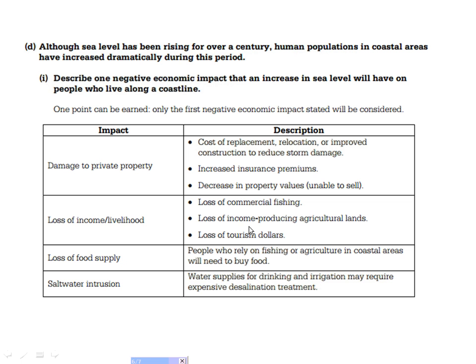You probably wouldn't have come up with this one. Loss of food supply. So people who rely on fishing and agriculture in coastal areas will need to buy food. And then saltwater intrusion. So we're going to have a decrease in our freshwater drinking supplies. We're going to have more salt water that's making its way into our wells, and we may require expensive desalination treatments. So any of these would be accepted for a negative impact.